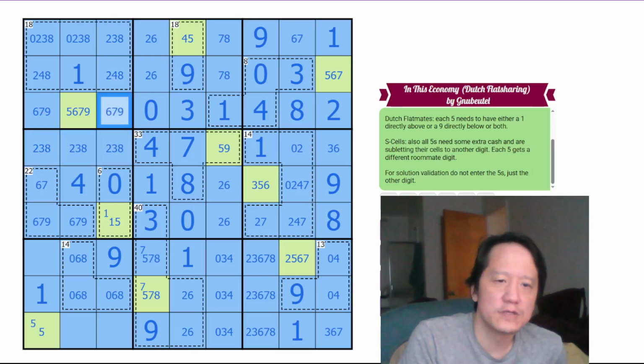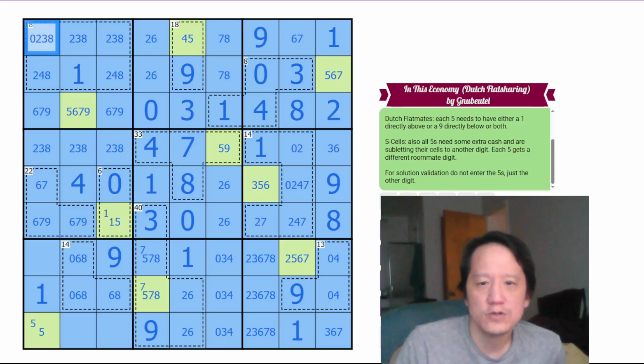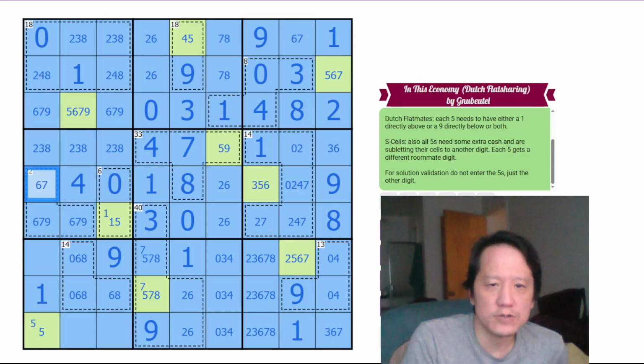This 0 means this can't be 0. This can't be 0. One of these two is 0, so this can't be 0. Which forces that to be 0. This 2, 3, 8 means this can't be 2, so this is 0. This can't be 0, 4, so it's 2 and 7, which forces this to be 4.